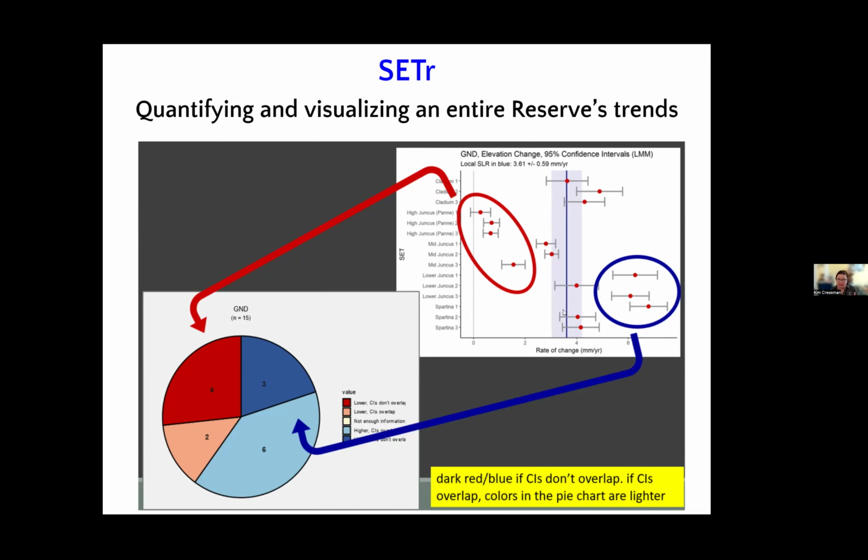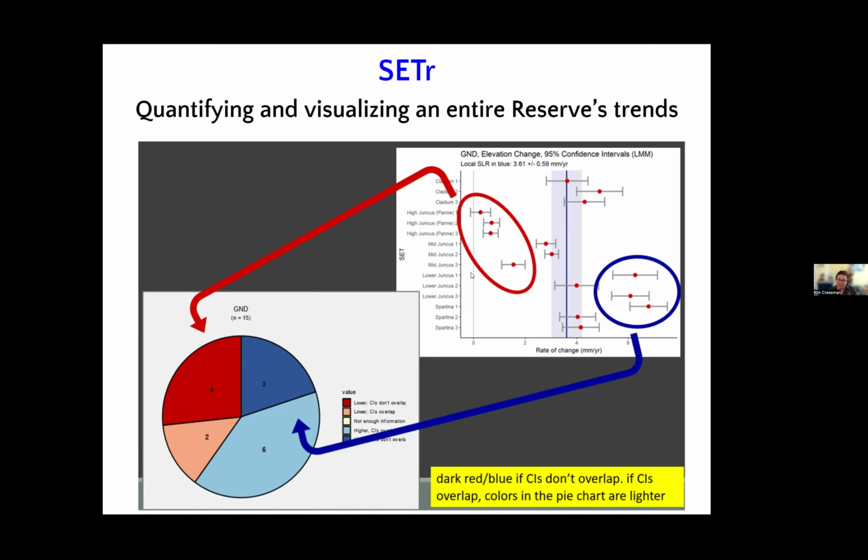The vertical line is sea level rise, and sea level rise also has a confidence interval around it. So that is that shaded blue part. And you can see some of these are doing really well, chugging along above sea level rise. Some of them are not doing so well, increasing. It's greater than zero, but it is not as much as sea level rise.